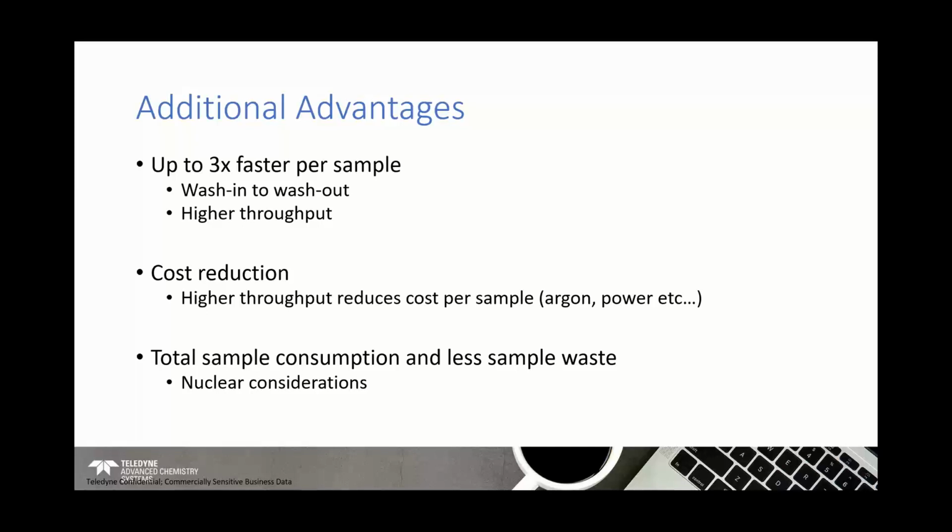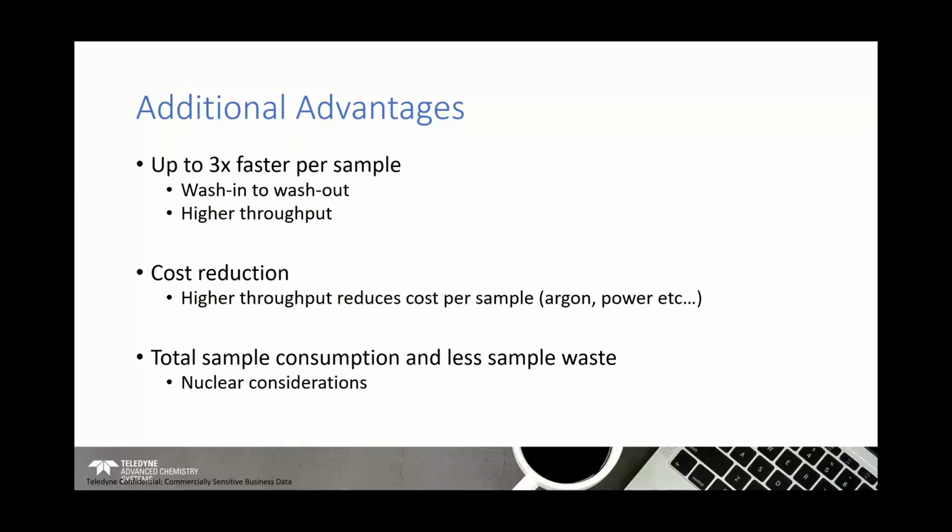If there's a higher throughput, then this implies some degree of cost saving. So you're either looking at a situation where you are analyzing more samples in the same time period as you would for the conventional approach, or if you do have a finite number of samples, then essentially you'd be looking at saving argon and power, etc.